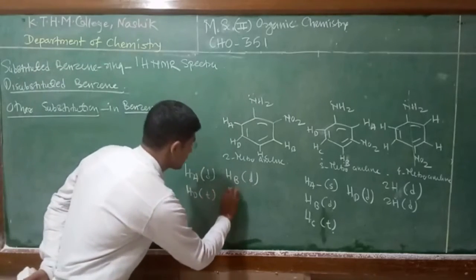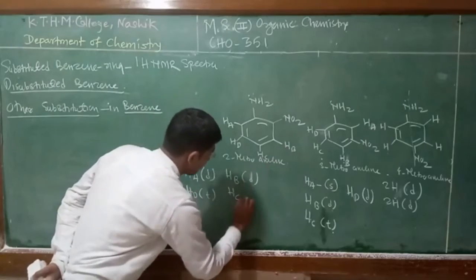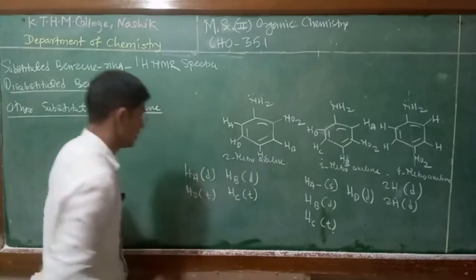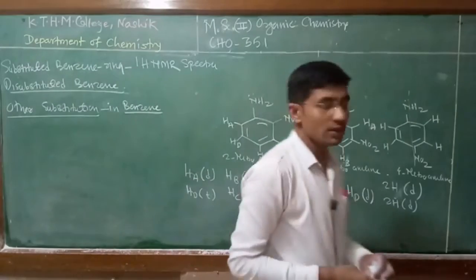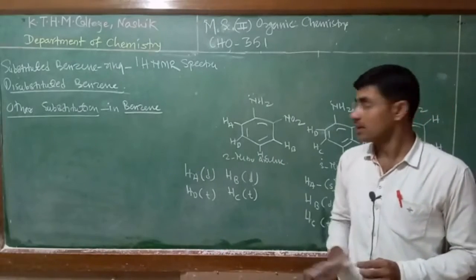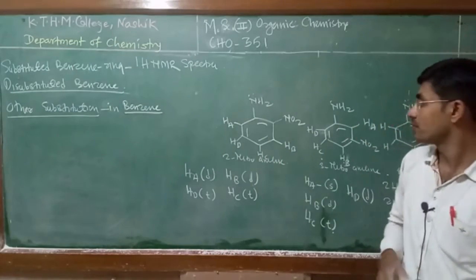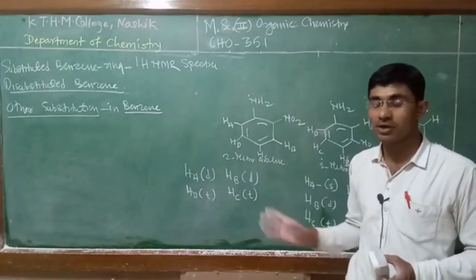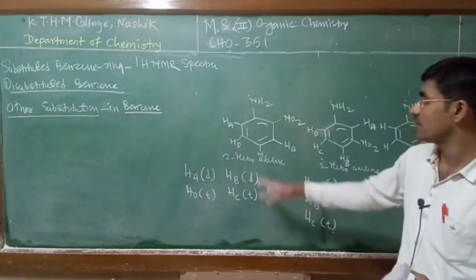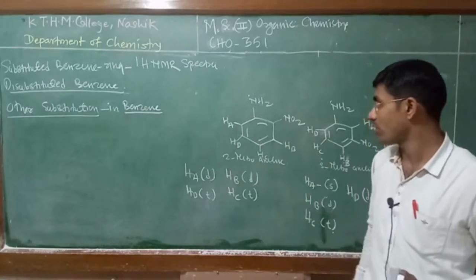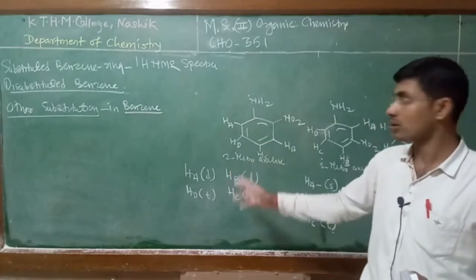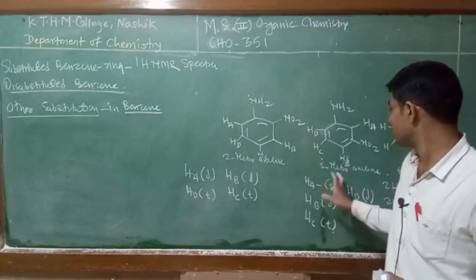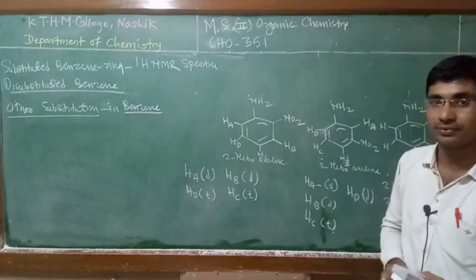And last is Hc, again coupled with these 2, giving a triplet. So in this example, we ignore the meta and para coupling and consider only ortho coupling. On this basis we can write the signals for all 4 protons in 2-nitroaniline and in 3-nitroaniline.